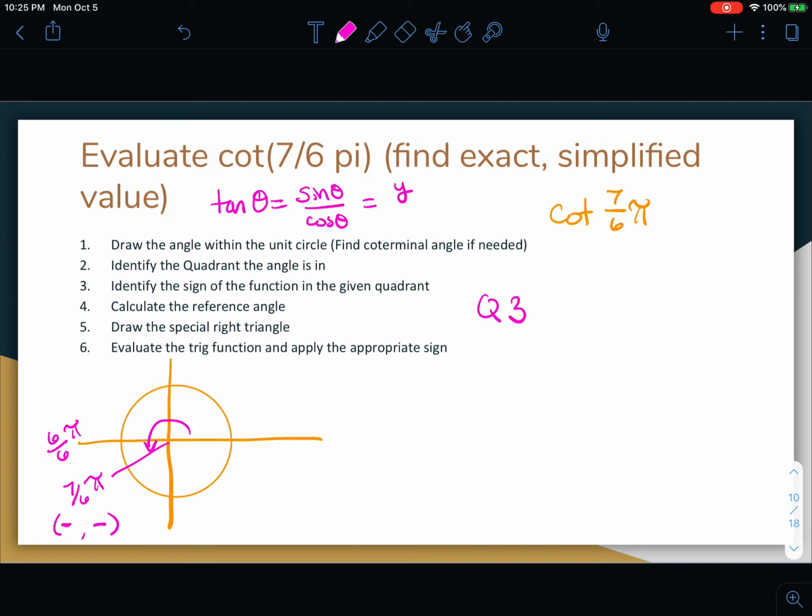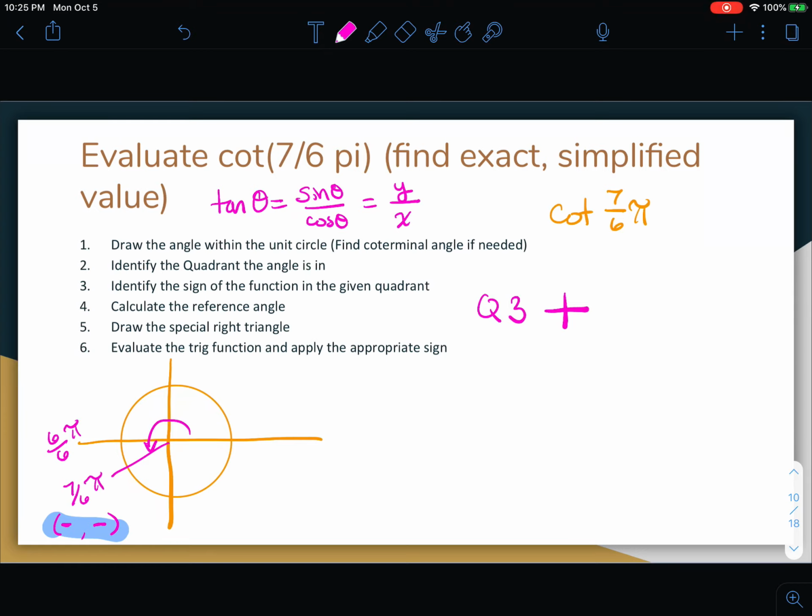And remember, we also talked about sine is that y coordinate, sine of the angle, and cosine of the angle is the x coordinate. So if we think about this being down here, no matter which way this fraction goes, a negative divided by a negative is a positive. So we are going to have a positive value, okay, for that cotangent of 7/6 pi.